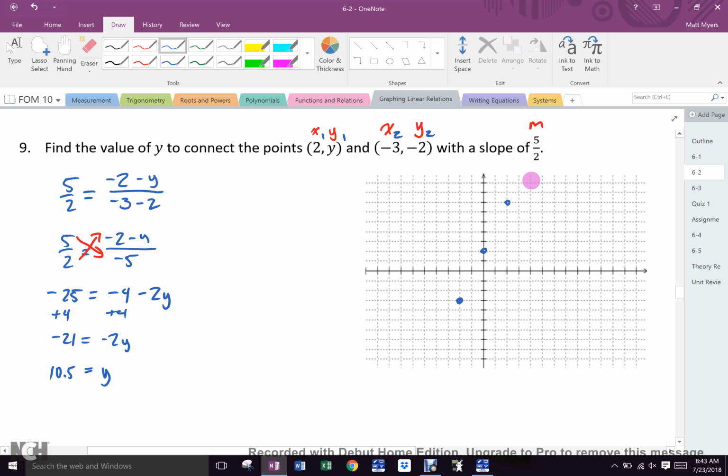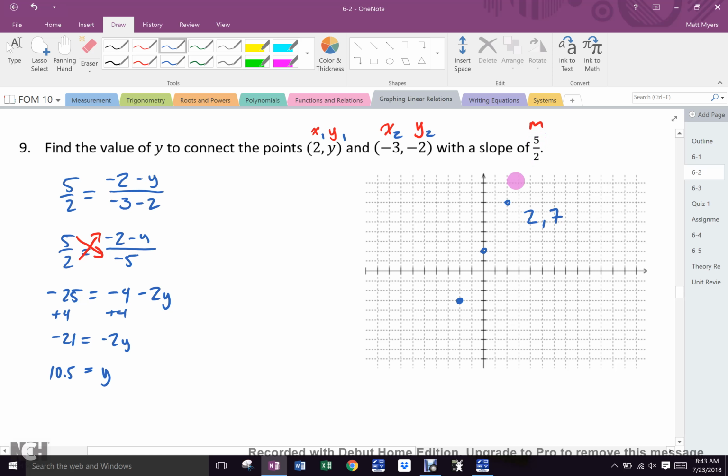But I know that this point right here is 2, 7, correct? Everyone agree? Gone over 2, up 7, yeah? Now, the next point has got to be up 5, right?